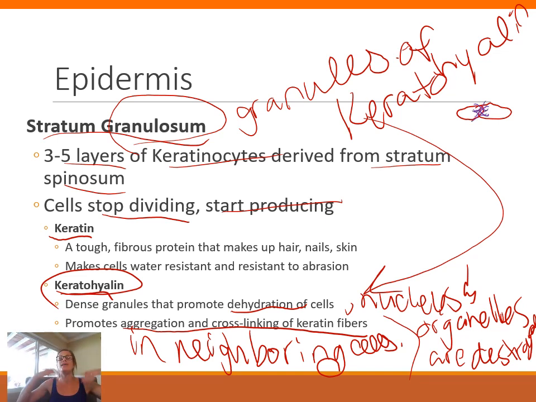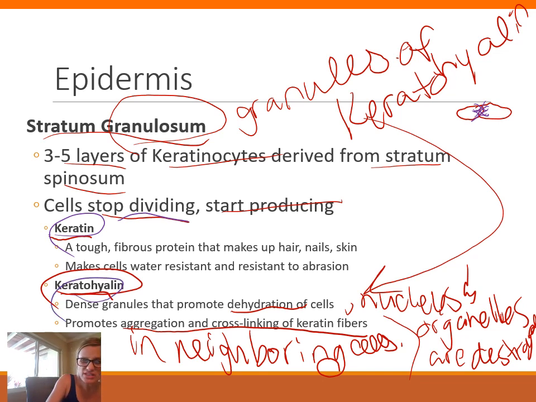So this is another thing that connects the cells together and makes the skin a really good barrier. Now, before the cell dies, it produces tons of keratin. So these cells, we said they stop dividing and they start producing a ton of keratin and then keratohyalin.